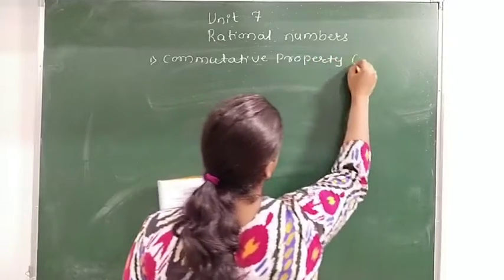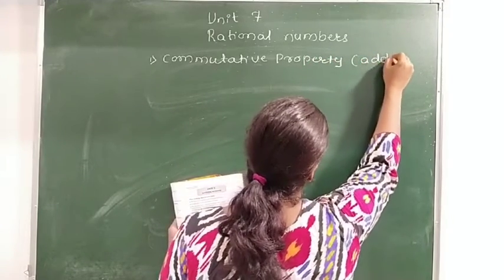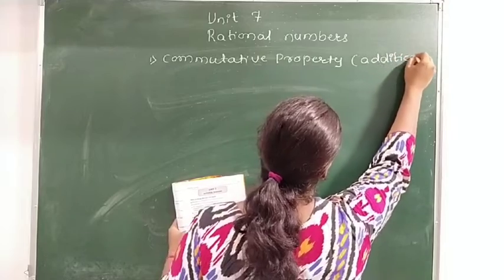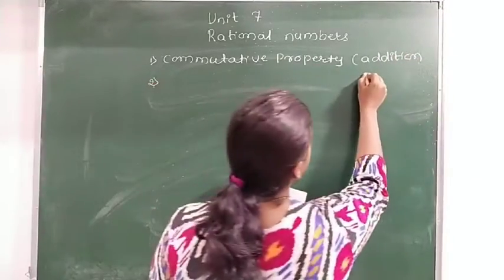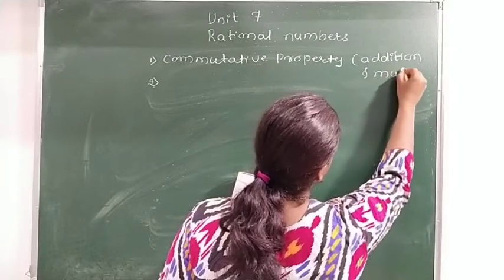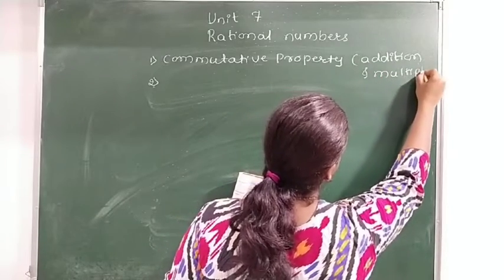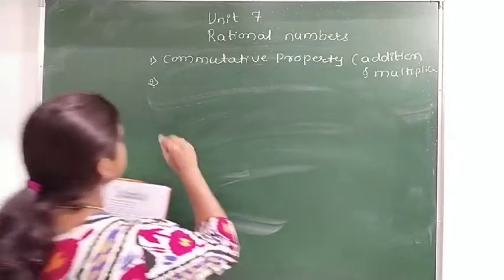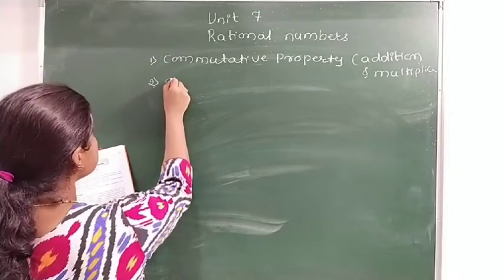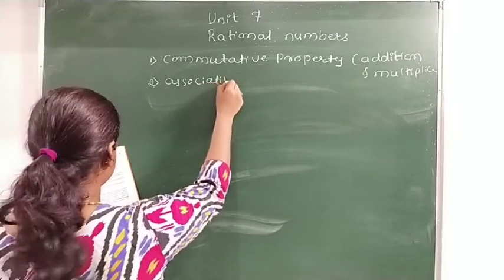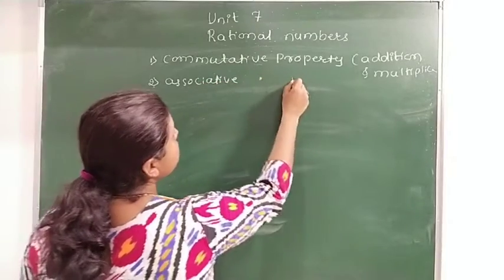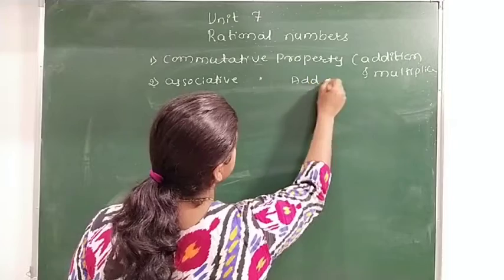The commutative property we have to take in the form of addition as well as multiplication, and also the associative property is applied for both addition and multiplication.